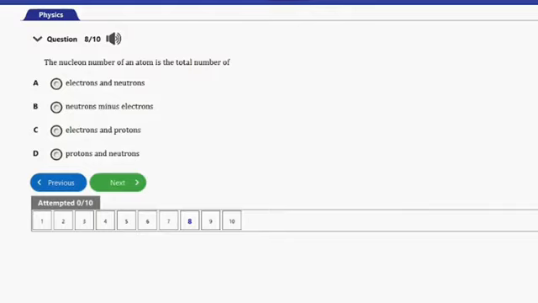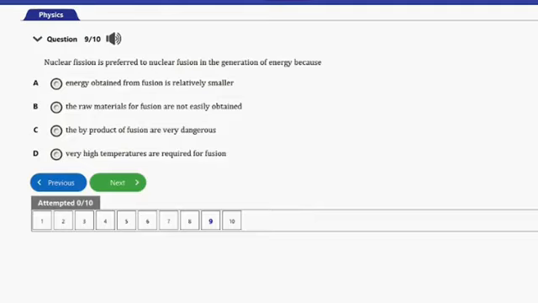So let's go ahead and consider the next question. So the next question here is question number 9. It says nuclear fission is preferred to nuclear fusion in the generation of energy because A, energy obtained from fusion is relatively smaller.